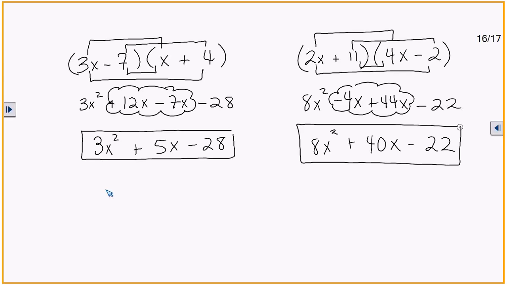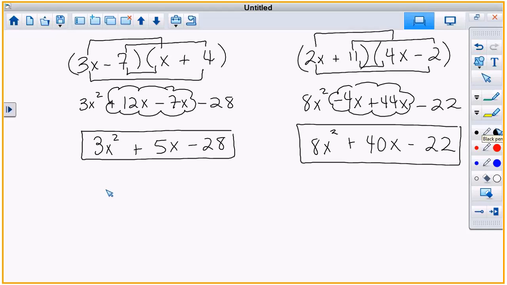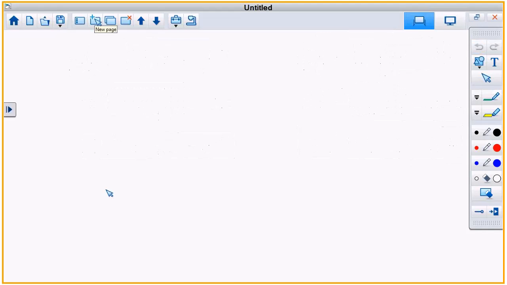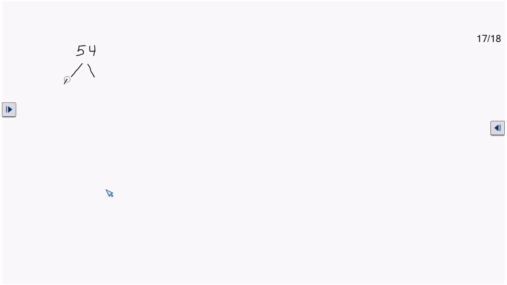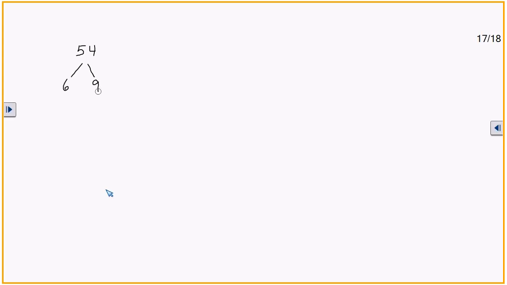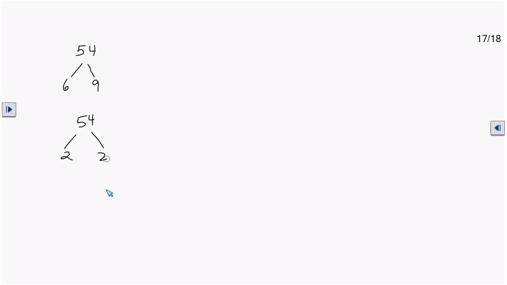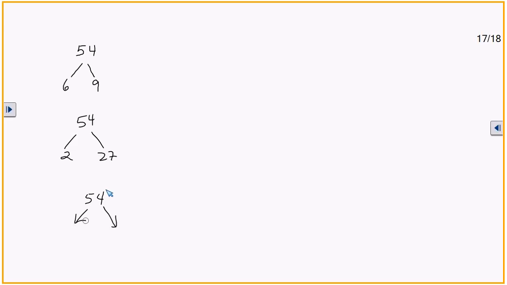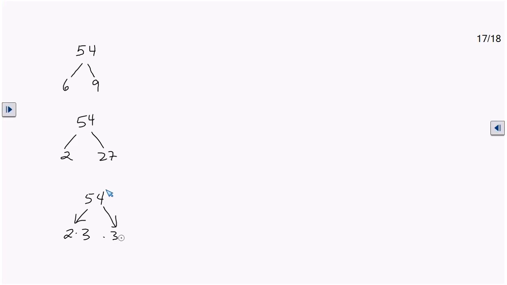Now, if we can do the FOIL method, then we should be able to reverse it. And that's called factoring. Remember, we talked about factoring before, and we talked about factoring out a common term. Let's review some factoring. 54. If I decide to factor 54, I can factor that into 6 times 9, or I can factor it into 2 times 27, or I can factor it into prime numbers and get 2 times 3 times 3 times 3.